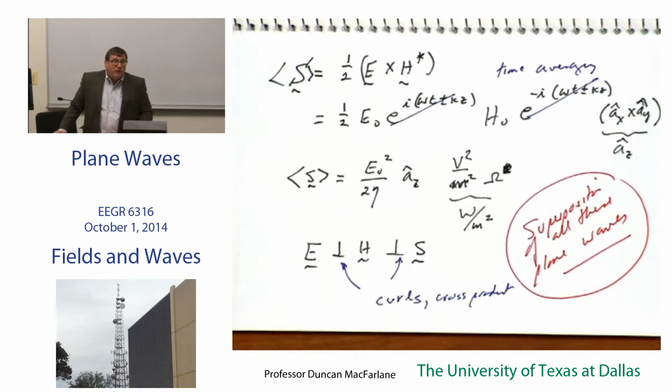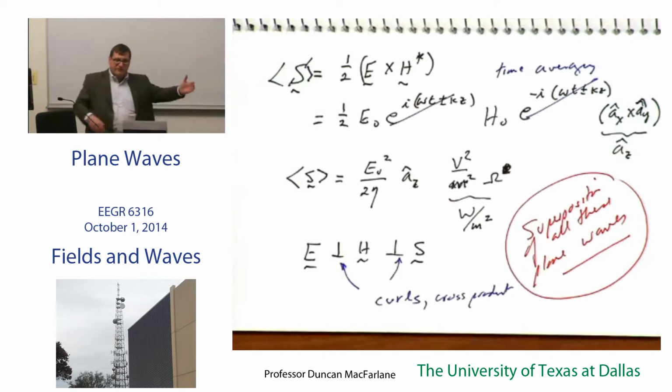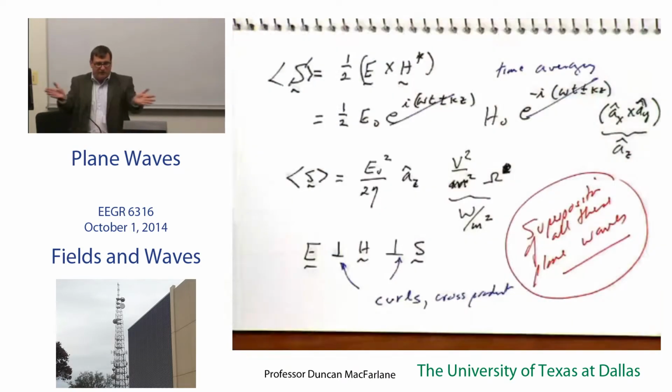And so what we'll do over the next few lectures is we'll do different superpositions of plane waves. In fact, a lot of what we'll do for the next month can be looked at as a superposition of a plane wave going this direction plus a plane wave going this direction, or this direction and this direction.